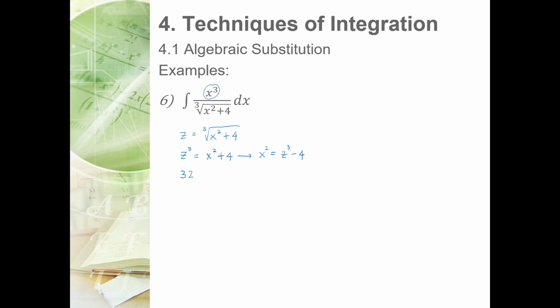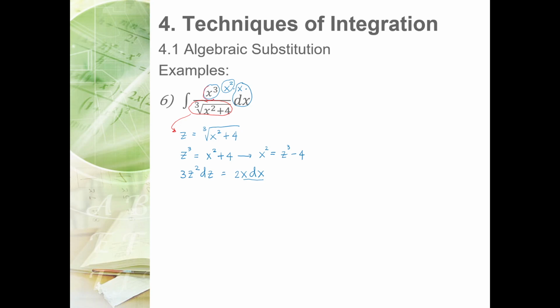So this gives us 3z squared dz equals 2x dx. So notice we have x dx here. So we can probably just create this one as x squared times x, times dx, so that one can be expressed as x squared, and the other will be expressed as x dx, right? So for you to be able to follow, let's try to track it down. So this term here is now the z parameter.